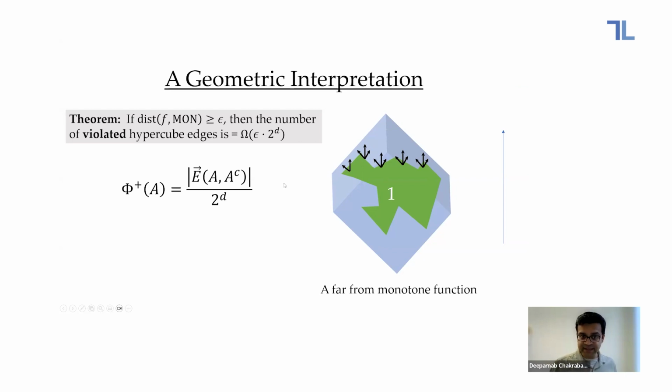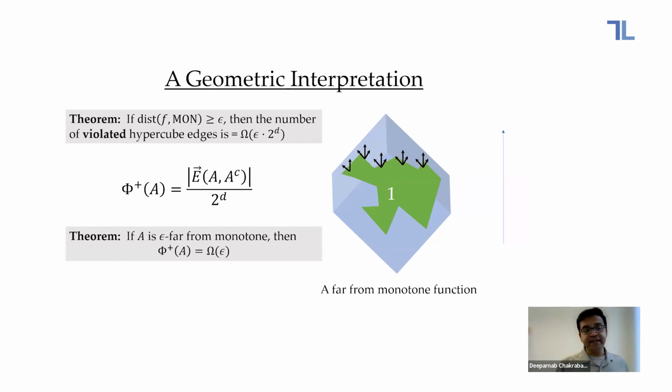Phi plus of A is the directed out boundary. So what this theorem is saying is that if the function is epsilon far from monotone, or if the set is epsilon far from monotone, then the directed out boundary is omega epsilon. This omega epsilon is normalized, which takes care of the 2 to the d.